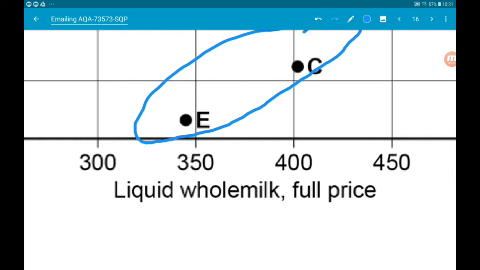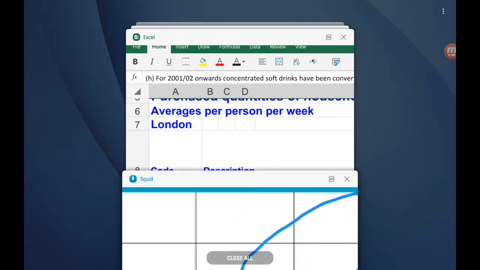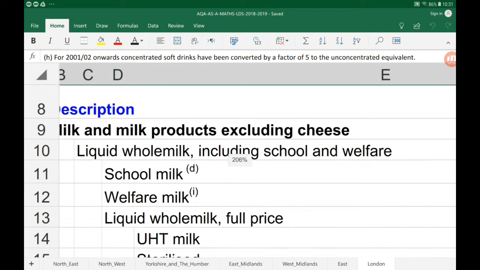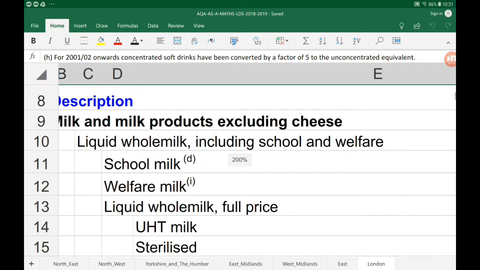350. So what I did, I went through the large data set to try and find a value for whole milk in 2013 that was just less than 350. So what happened when I did that is I found out it was London. So if we look here, we've got the liquid whole milk.